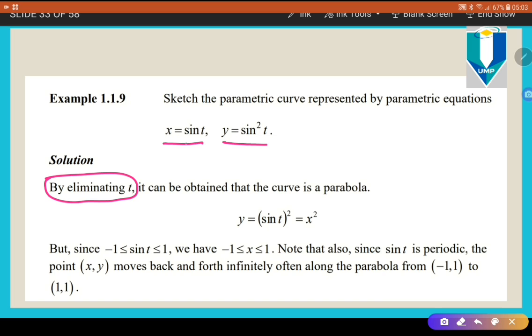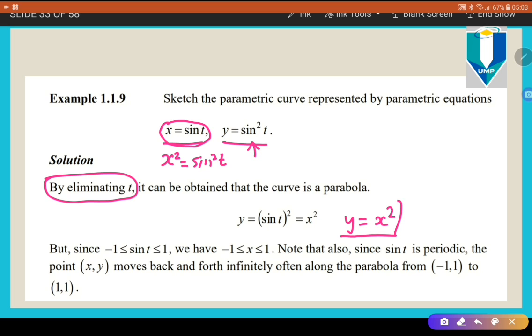To eliminate it, we substitute the x value. So x value here is sine t, so x squared is equivalent to sine squared t. So we substitute that in the second equation to get y equivalent to sine squared t, which is x squared.